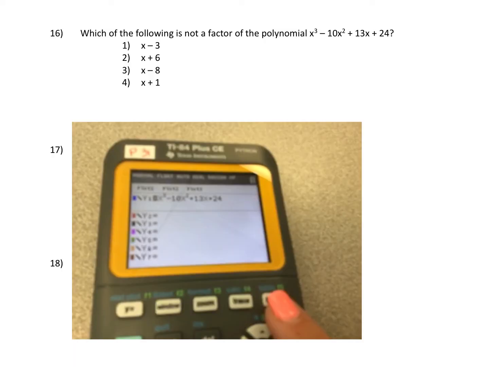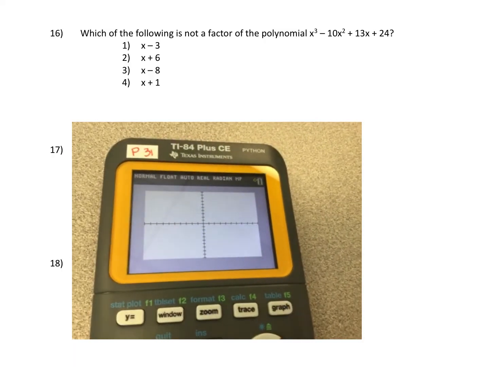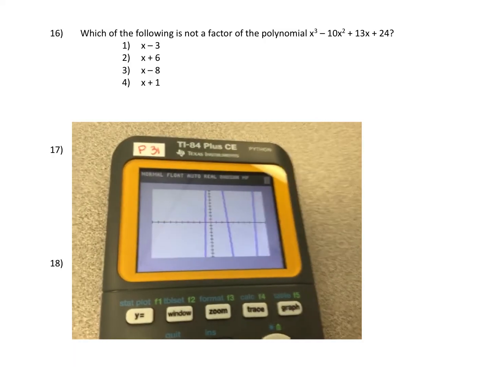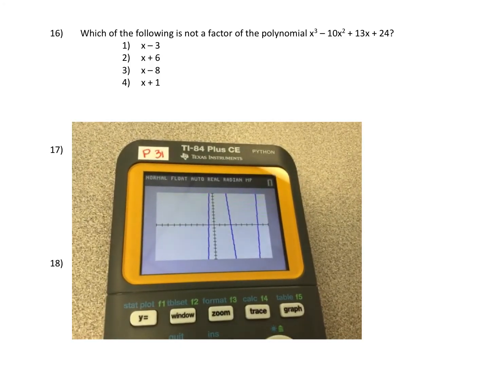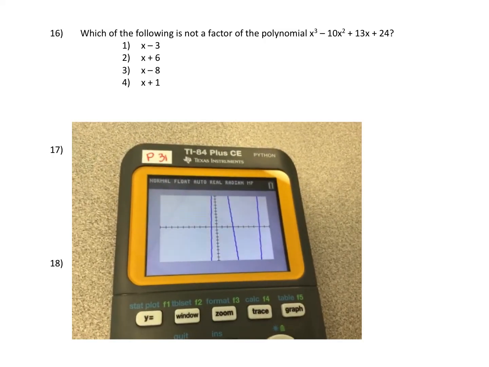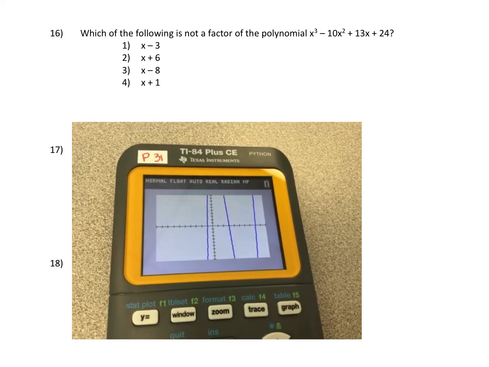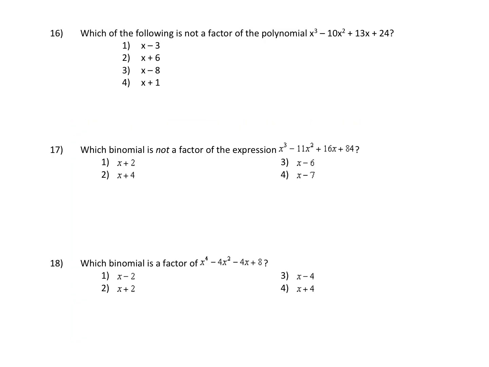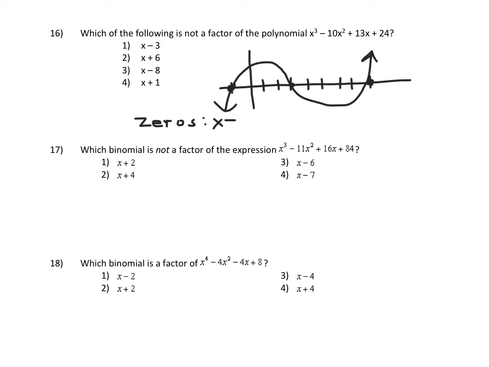Okay, so y equals, I plugged it in, and when I hit graph, we can see that the zeros are at -1, +3, and +8. Okay, so I'm just going to sketch this out. So we have a 0 at x equals -1, a 0 at x equals +3, and another one at x equals +8.